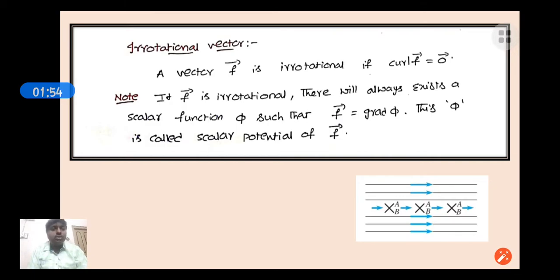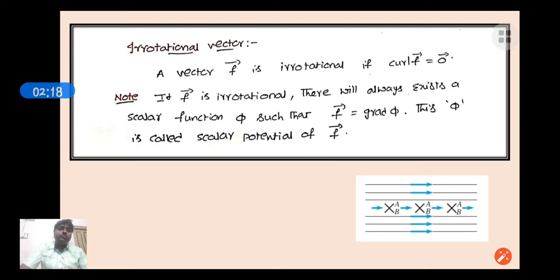See here, I give a small image. It is our vector field, with arrow marks showing direction; that is a vector point function. If you calculate the curl and it is 0, curl f bar is 0, so there is no rotation at the points you are considering.